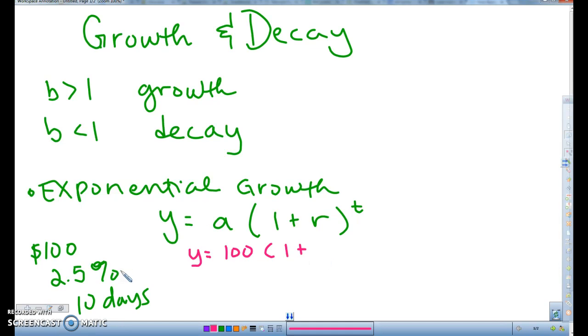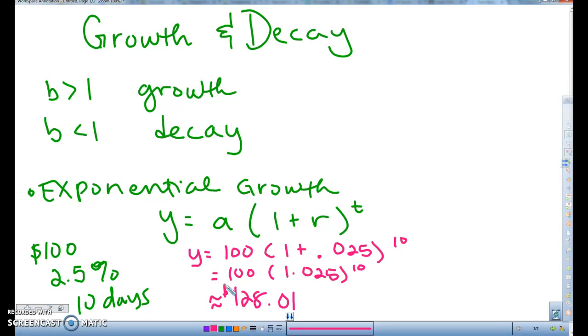And remember, we don't just plug in a percent like it is. We plug it in as a decimal, so 0.025 if I've moved the decimal over, and then at 10 days. And we're not going to do a heck of a lot of solving without a calculator because that would be very hard. We'll get it down to this amount, and then we'll start using a calculator to approximate, which would be $128.01 is what I have in my account now.